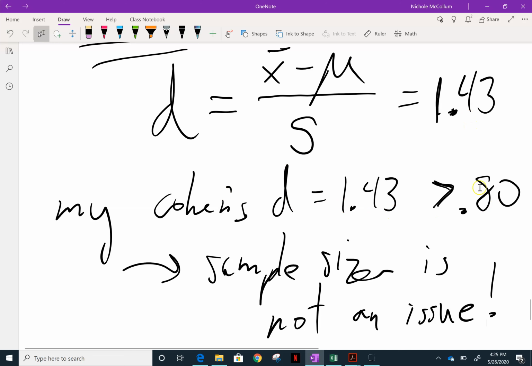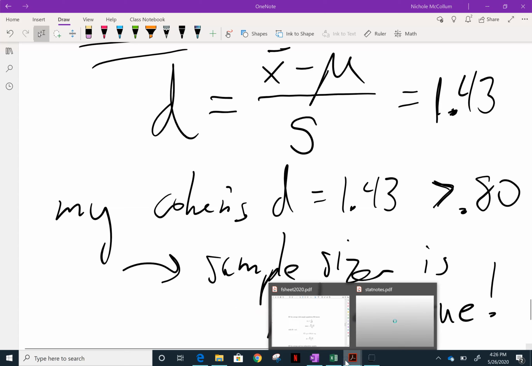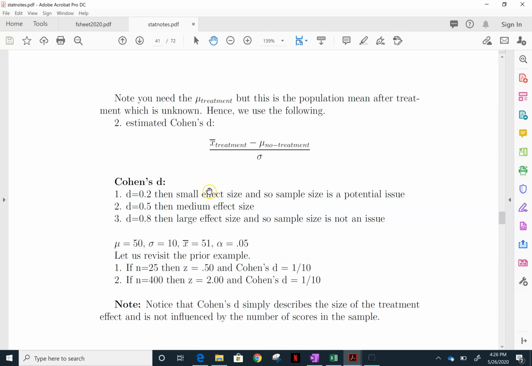As long as that number is over 0.8, then sample size is not an issue. So really, my data can stand on its own merits. And so that's good to know. So we often include that at the end if needed, that sample size had no effect or no bearing on my results.